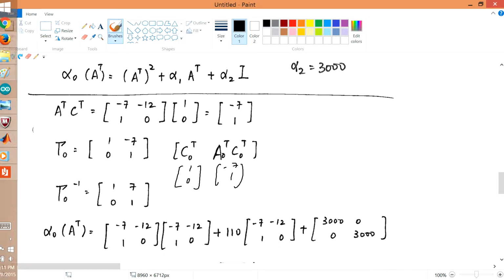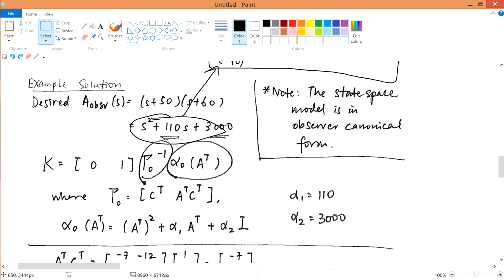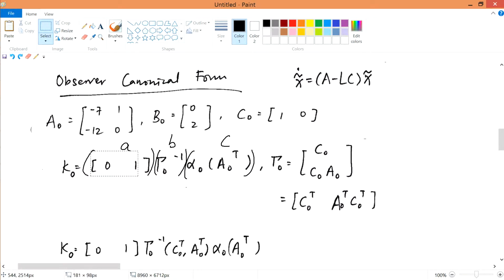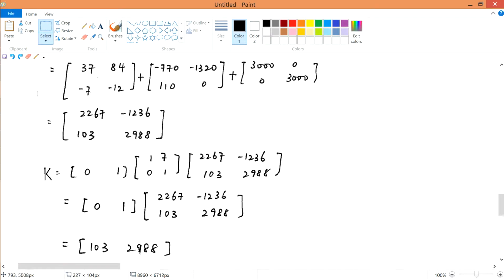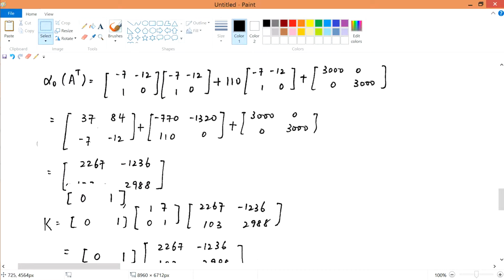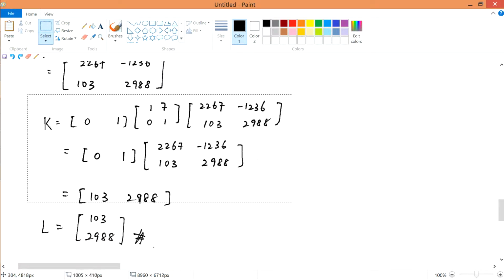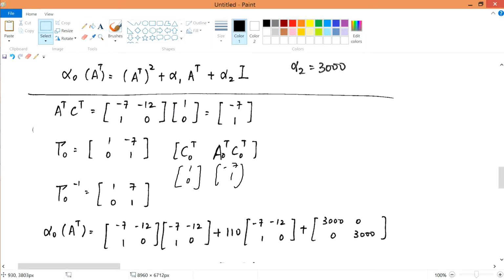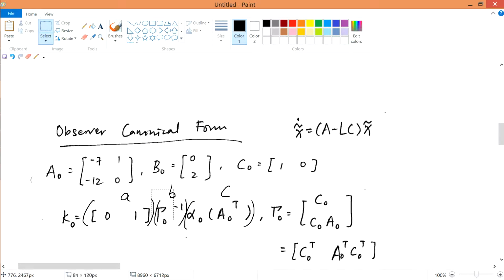I'll just take this part. If you still remember, this part is the standard part 0, 1. I'll just copy and paste it here. And then part B is for our rank inverse, right?